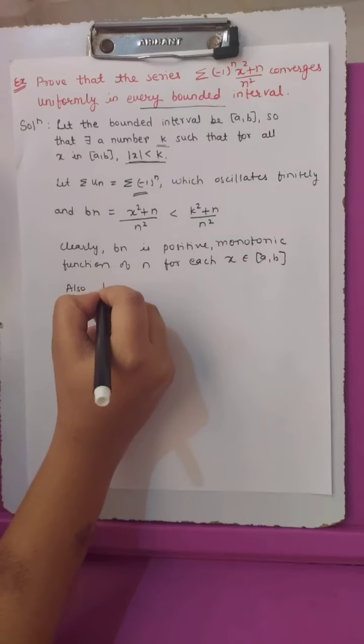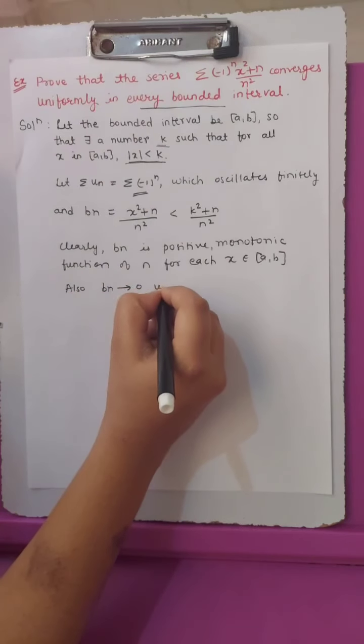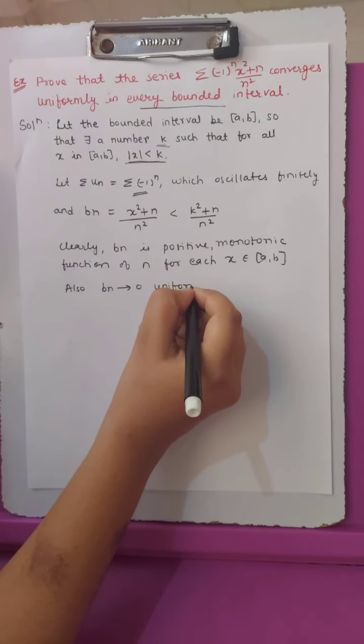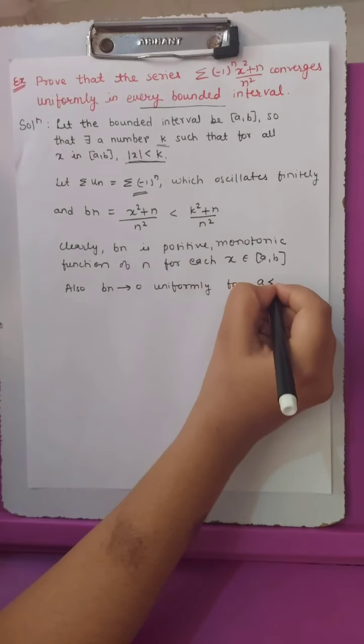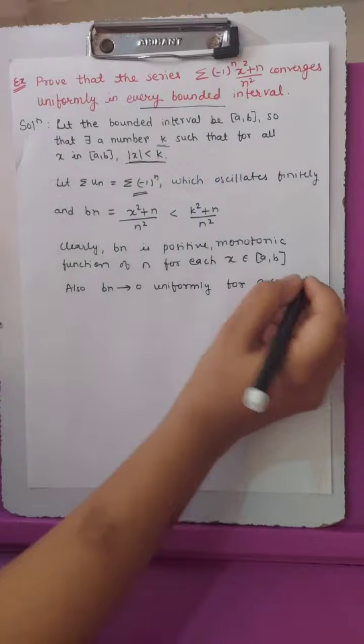Also bn converges to 0 uniformly for a less than x less than b.